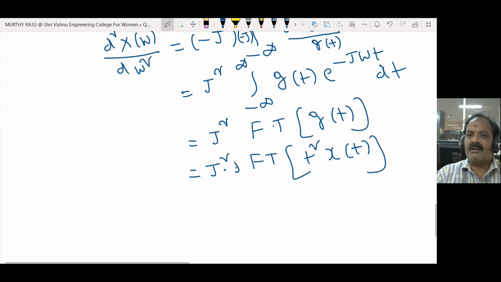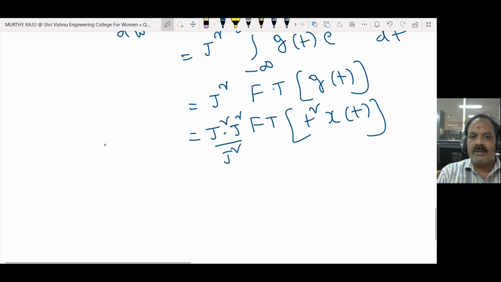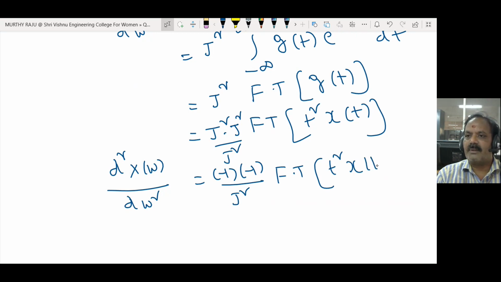Here the numerator and the denominator are multiplied with j square. Therefore, finally, d square X of omega by d omega square, j square is minus 1, is j square times the Fourier transform of t square x of t.